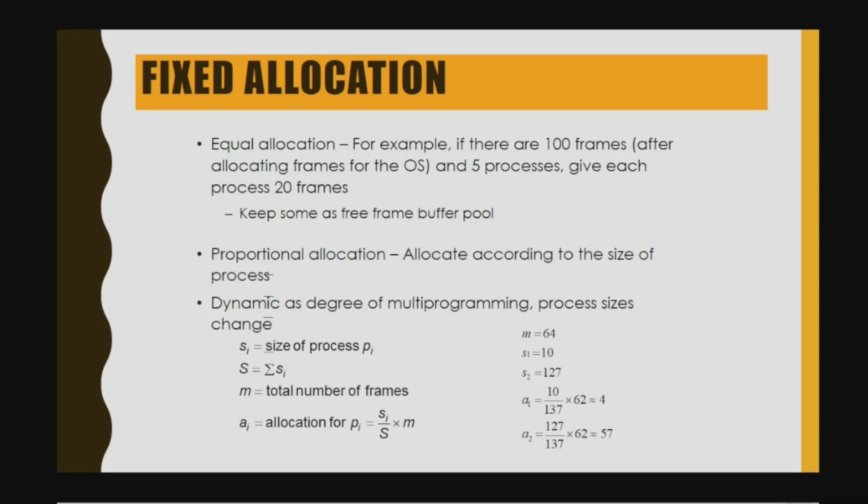So let's say m, the total number of frames, is 64. We have the size of process 1 as 10 and the size of process 2 as 127.